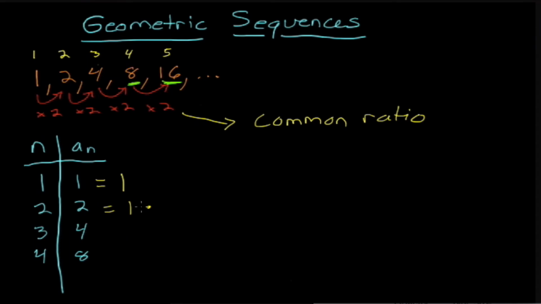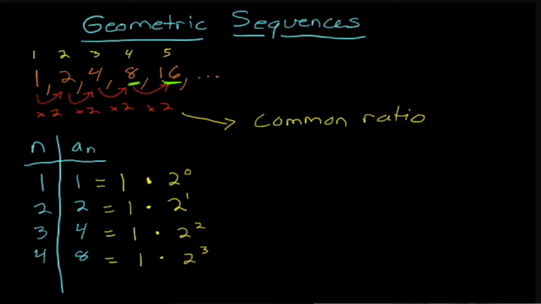So I'm going to say that this is going to be 1 times 2 to the 1, since we're just multiplying by 2. 4 is equal to 1 times 2 squared. 8 is equal to 1 times 2 cubed. And to remain consistent, I'm going to say that 1 is 1 times 2 to the 0. Now, x to the 0, if you recall, anything to the 0th power is 1. So this evaluates to 1 times 1, which is equal to 1.